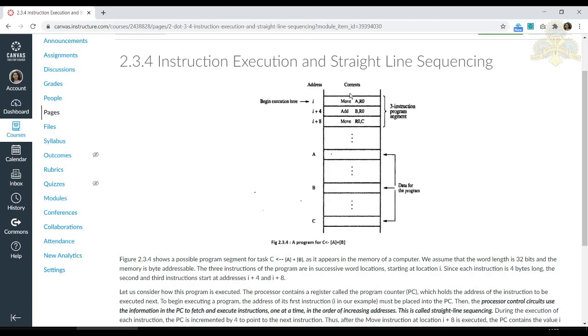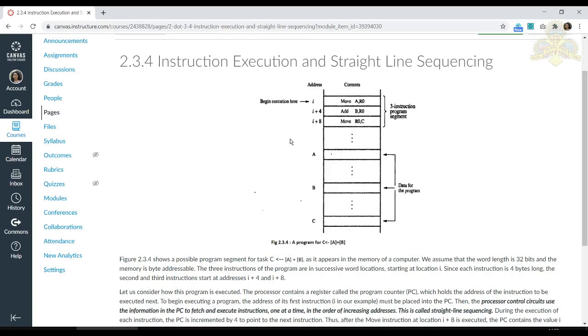That means each word is represented by successive 4 bytes. So if one word starts at byte I, the next word would start at byte I plus 4, because we have assumed that one word is 32 bits or 4 bytes long.